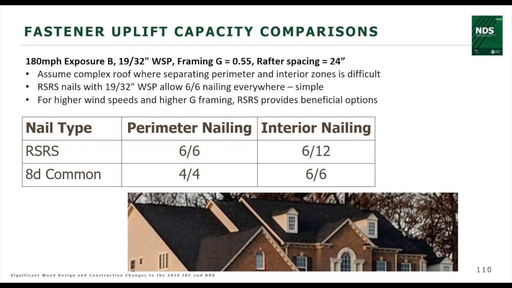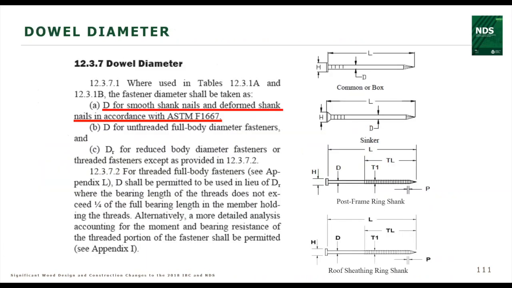If you go to a roof sheathing ring shank nail, you can have those nails not quite as tightly spaced together. So our perimeter nailing would be 6 inches at the edge and 6 inches in the field. And then our interior zone nailing is 6 inches at the edge and 12 inches in the field.